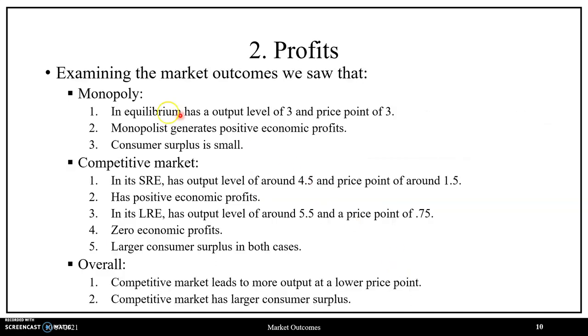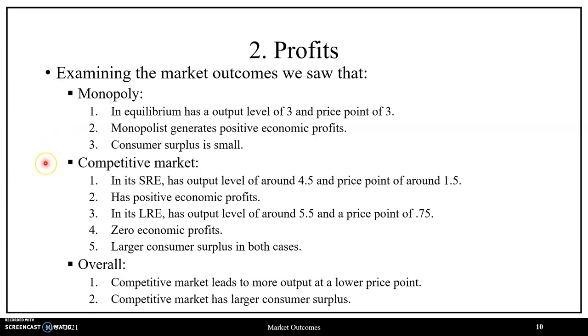So then, examining market outcomes, we saw that from the monopoly standpoint, in equilibrium the output level was 3, with a price point of 3 as well, where the monopolist generates positive economic profits, and consumer surplus was relatively small.